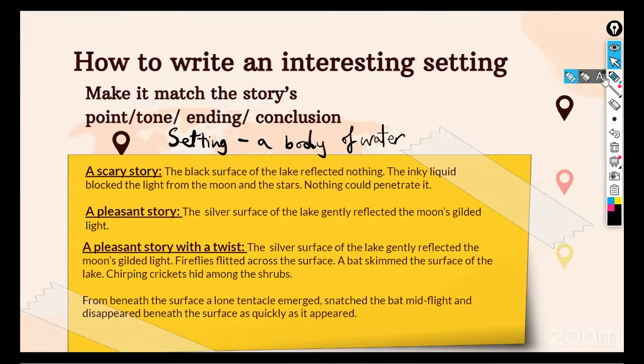Right? So yes, let's make some notes. I am writing it too, so I'll know how long it takes, right? But the point is match the story, match the setting, sorry. Match the setting to the ending or the overall point of the story, right?